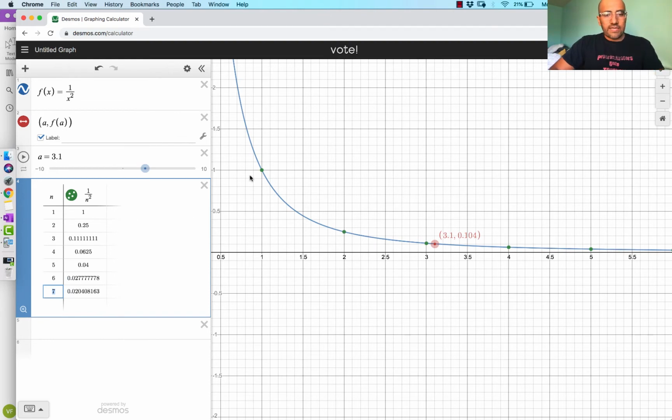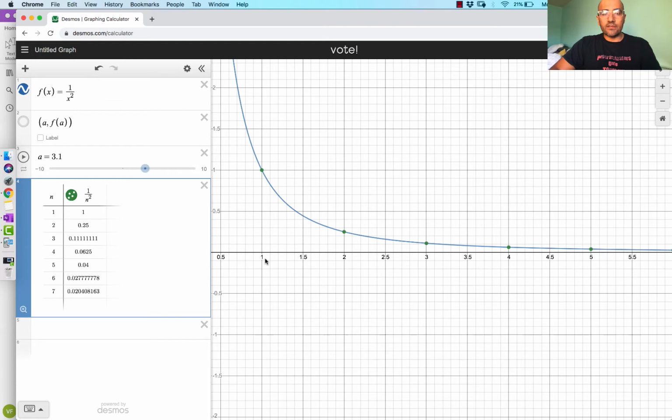Okay, so the individual little green dots are the series, right? Just those green dots become the series, which of course is related to the function f of x, because all the green dots are a value on the function f of x, but it's not every single value of the function.